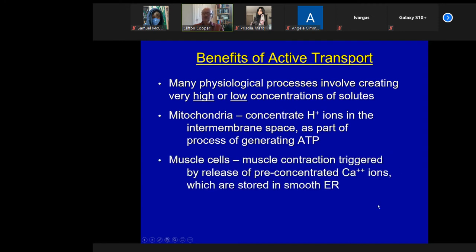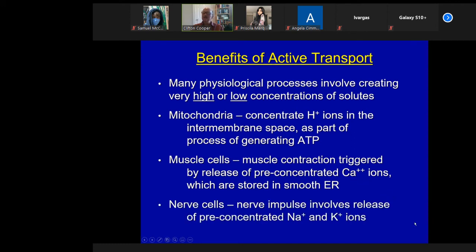Muscle cells require having calcium ions stored inside of some small compartments. And so when those ions are suddenly released, it triggers the muscle to contract. But to get ready for the muscle to contract, you have to have these ions packed into these compartments inside the muscle cells. It takes energy to pack them in there.